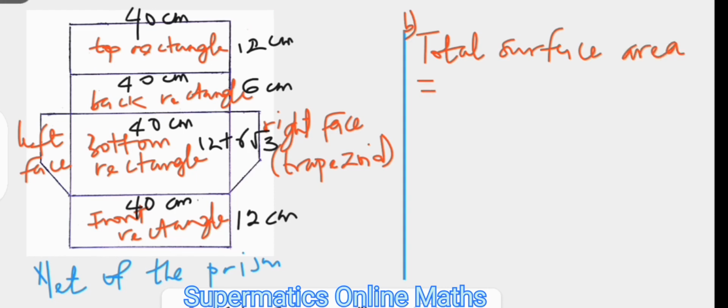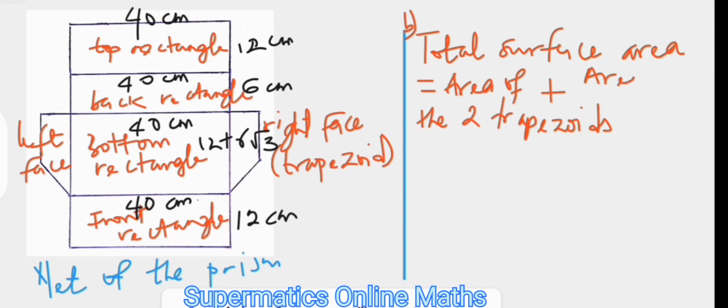So total surface area is going to be the area of the two cross sections, the two trapezoids, added to the areas of the four rectangles, 6 faces in all. Now for the two trapezoids, we already have their area while calculating the volume.